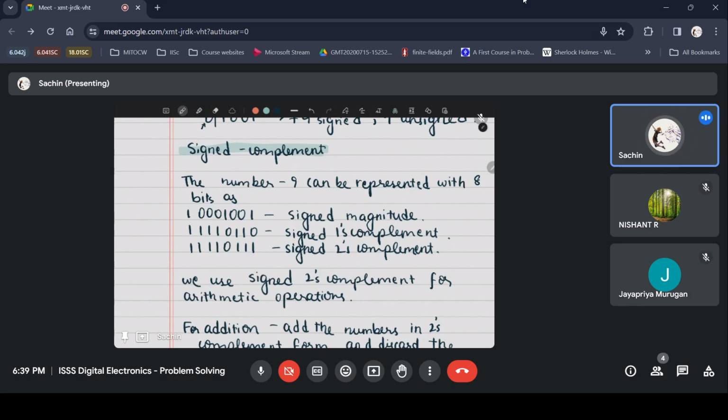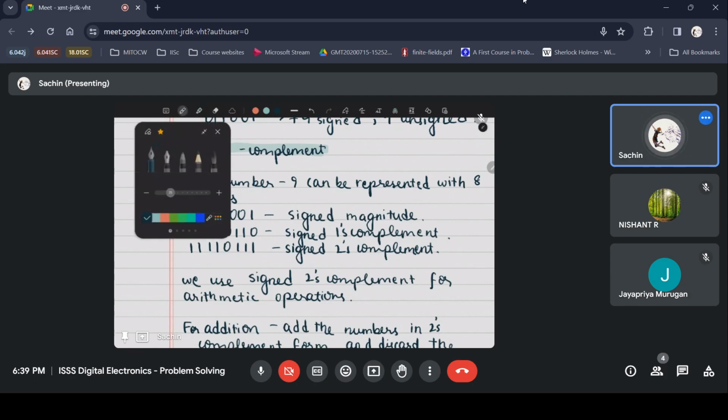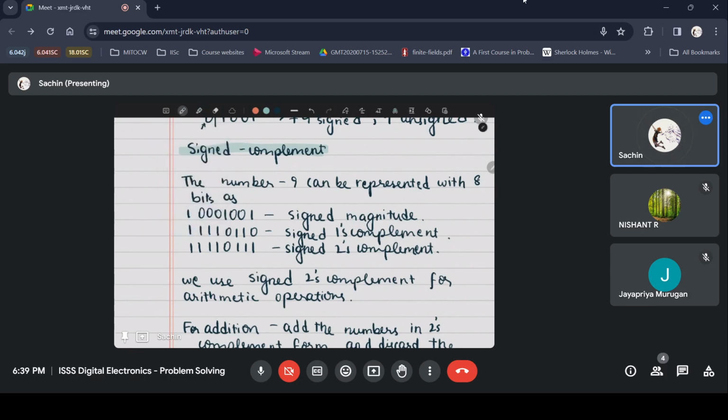How you interpret those is left up to you. How you use those in arithmetic, everything is up to you. So I can say that if I have a number, say 9, I will take its 2's complement and I will say that is the negative of that number. So minus 9 is represented with 2's complement of 9.